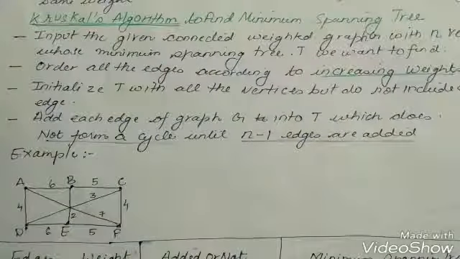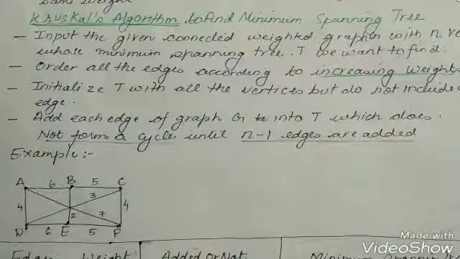Now what is the next step in our algorithm? It says initialize T with all the vertices but do not include any edges. Here we have seen that the minimum spanning tree needs to be calculated, and I have made it according to the question, which I will tell you right now. But this step says that we will write all the nodes first, and we will not include any edge at that time. Fine. After that, it says add each edge of the graph G into T which does not form a cycle until n minus 1 edges are added.